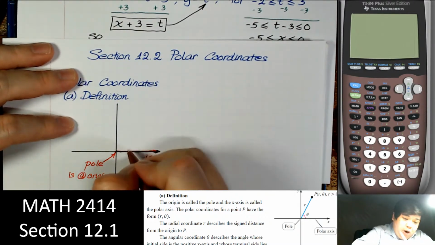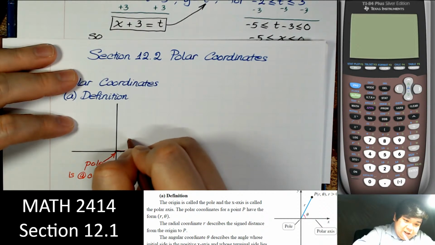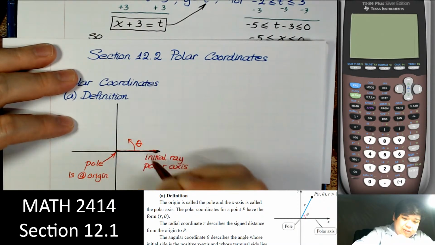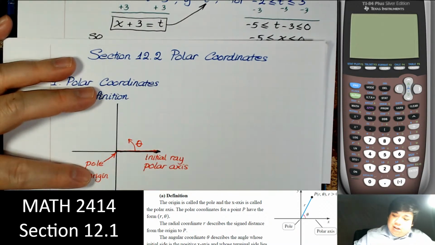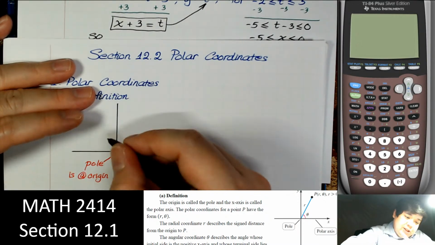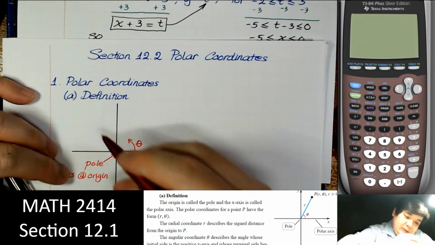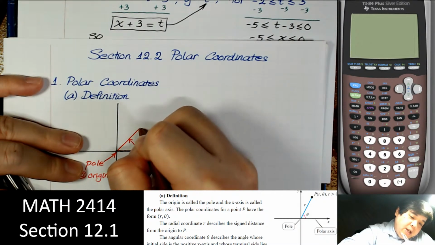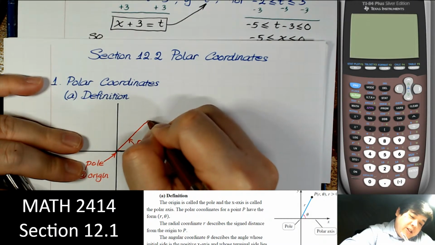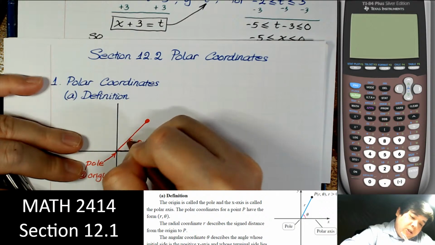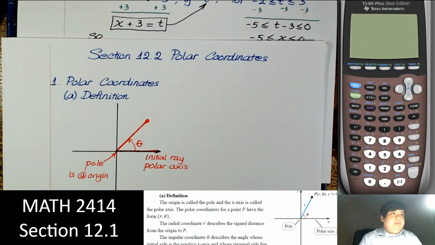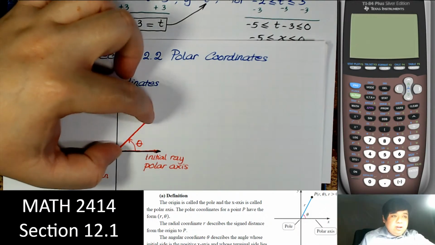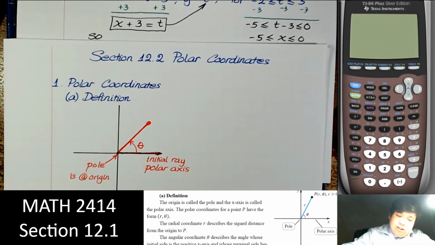And from here we will form an angle theta. So we have an angle and then we have that distance r.